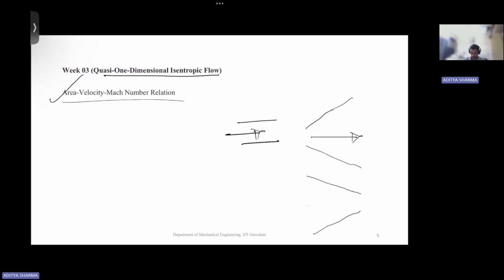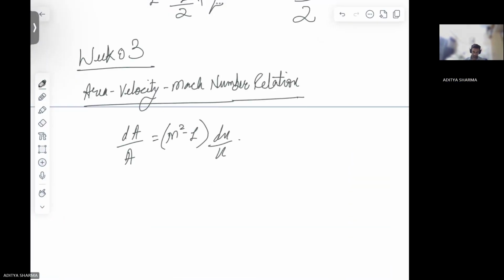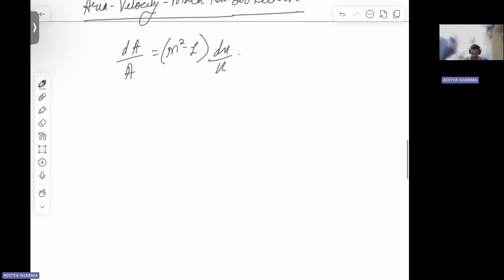Flow is moving in this direction. So this is 1D, this is quasi 1D. Okay. Now, if we see this area velocity Mach number relation, it is in relation to this quasi 1D flow only.